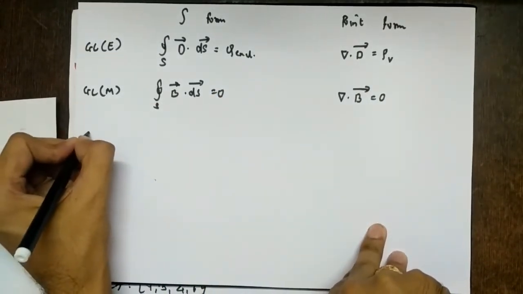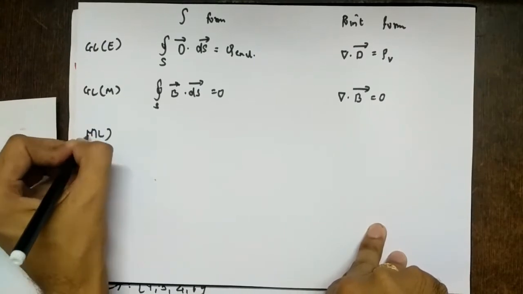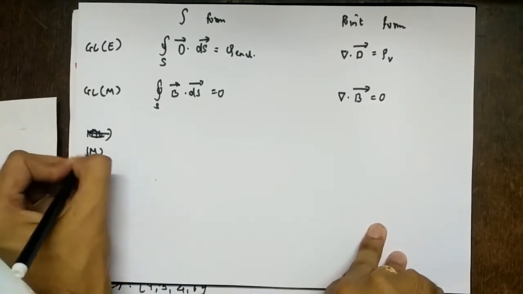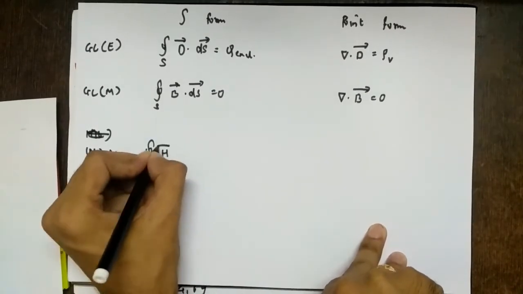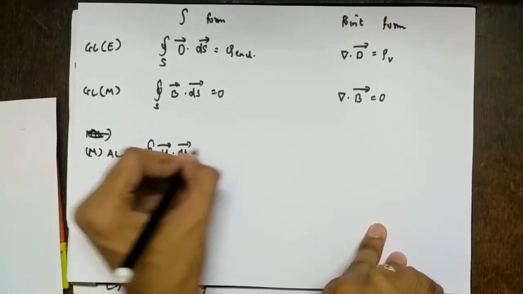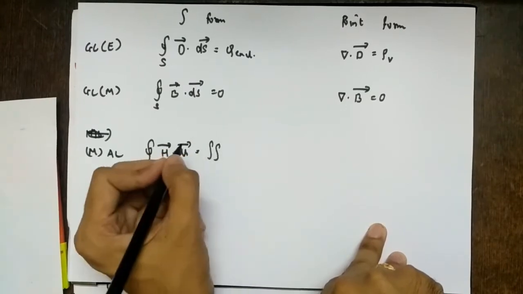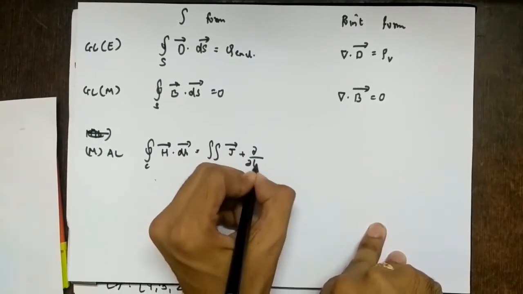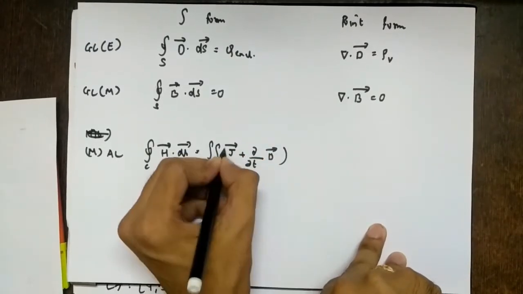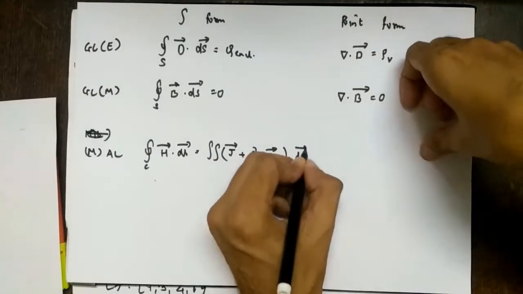Then what we have? We have modified Ampere's law. So it is what? Closed contour integral of H vector dot dl vector equal to surface integral of J vector plus dabba by dabba t D vector dot dS vector.